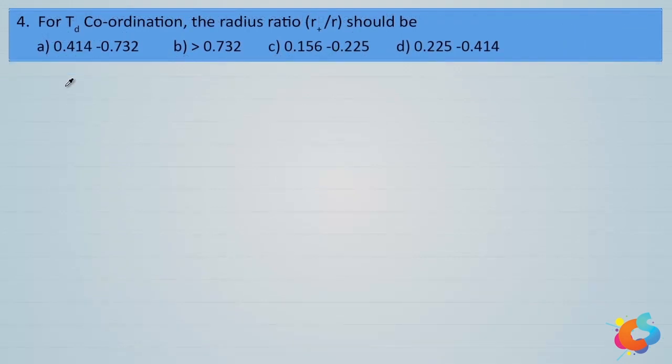For tetrahedral coordination, the radius ratio R plus divided by R minus should be, the given options are A 0.414 to 0.732, option B greater than 0.732, option C 0.155 to 0.225, and option D 0.225 to 0.414.